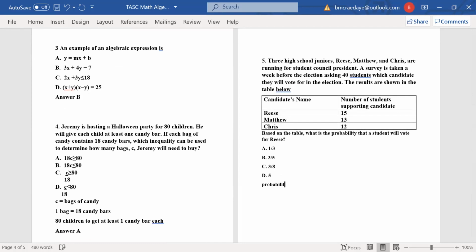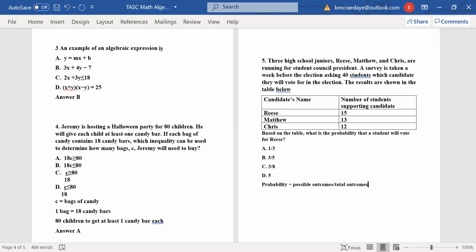Probability. Go ahead, Maureen. It's okay to think out loud. Possible outcomes over total. What is the probability that a student will vote for Reese?